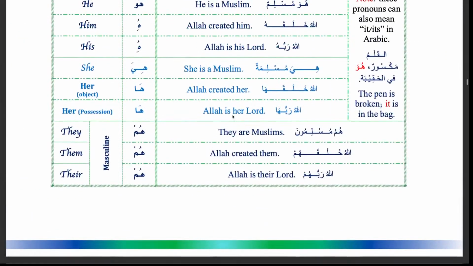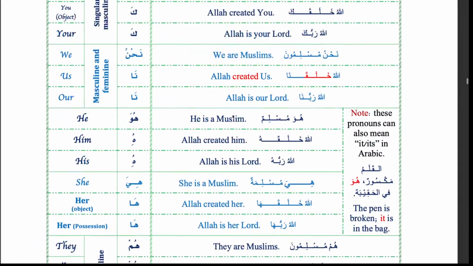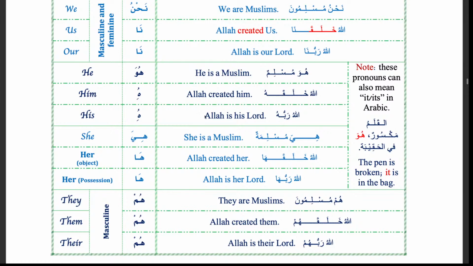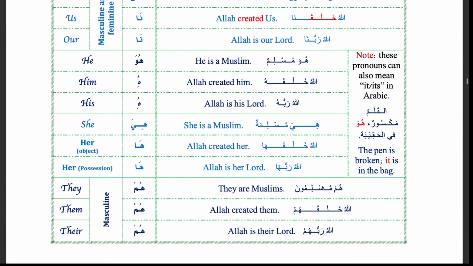Now, before we go to the next one, these are the main adjectives, pronouns. We're going to add one or two more. Here we have hum for they, them, and their, as in masculine.